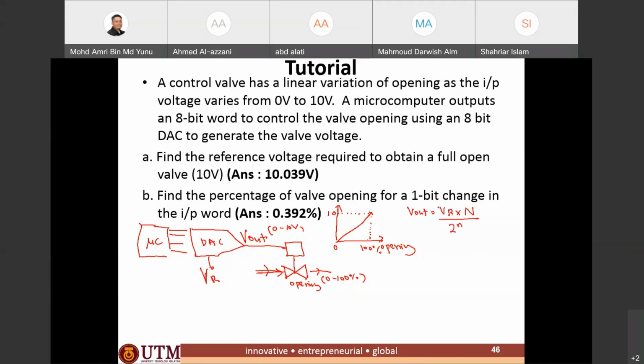This is an 8-bit DAC. If the output is 10 volt, it means the output from the microcontroller will be all high for every bit.